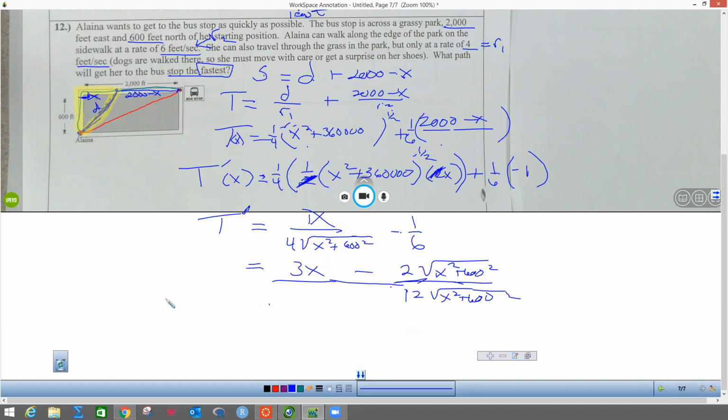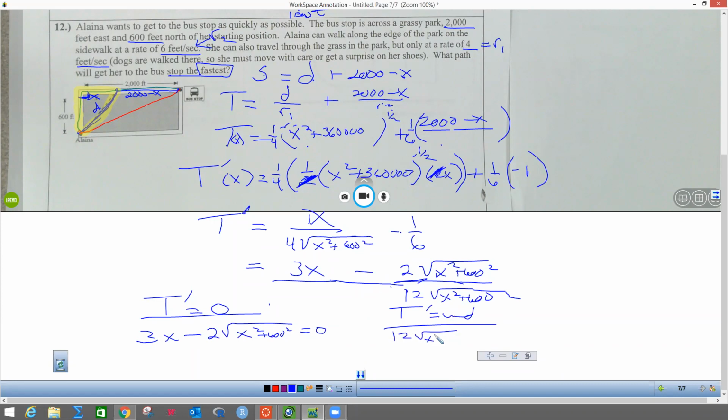Okay, so now I want to find my critical number. I want to know where t prime equals 0, which is where that top part equals 0. And where is t prime going to be undefined? That's where this bottom part would equal 0. Any number I square is going to be 0 or positive, right?